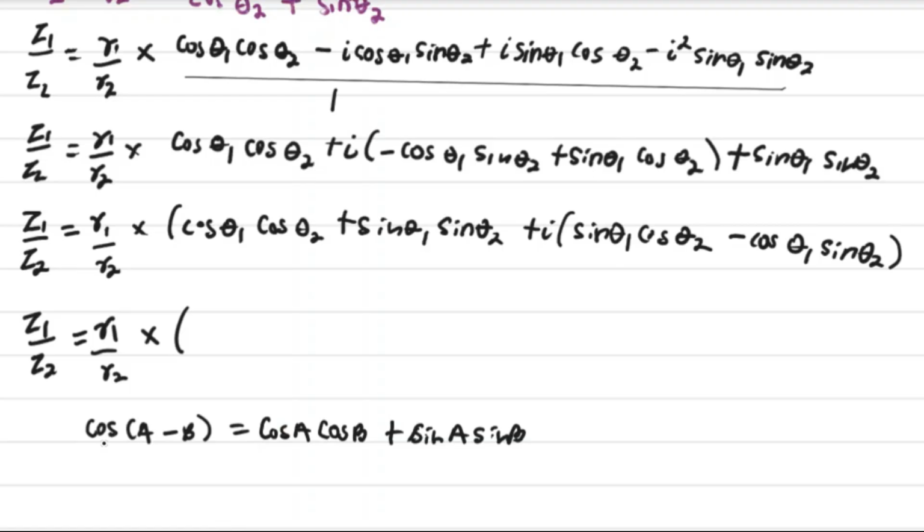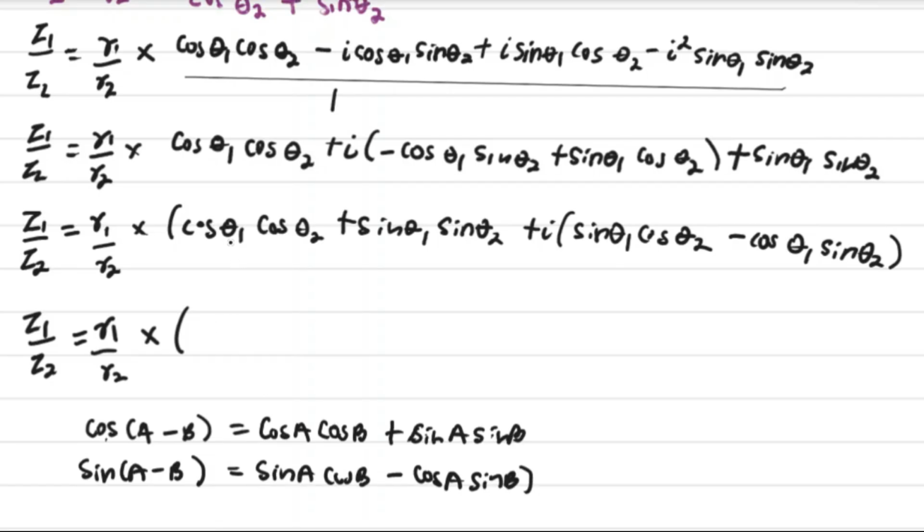For our sine, when we are considering sine A minus B, sine A minus B is going to give us sine A cos B minus cos A sine B.